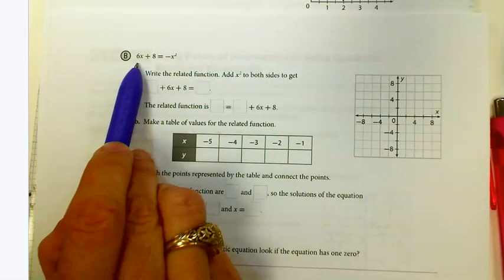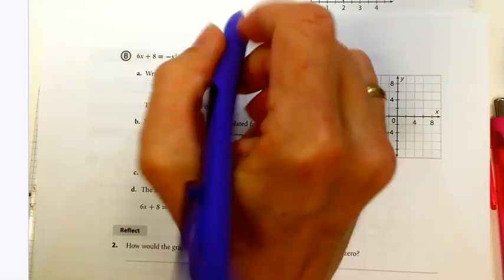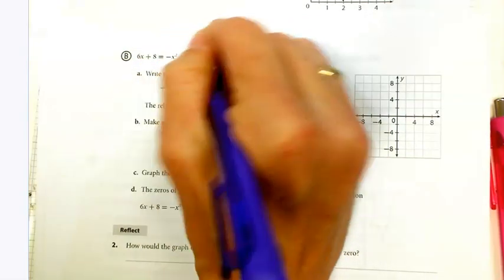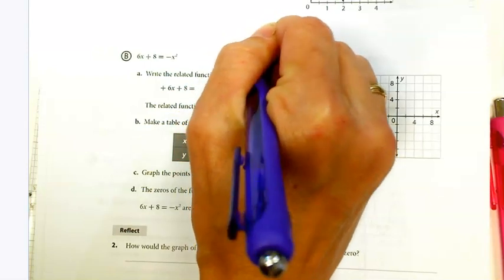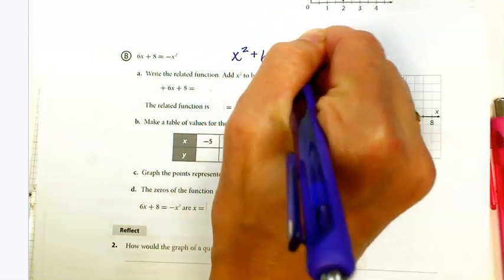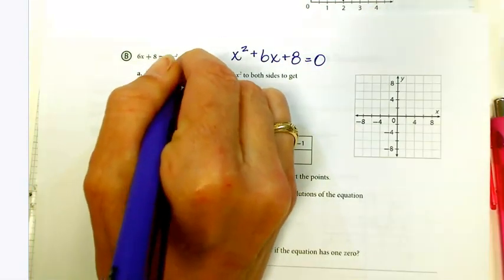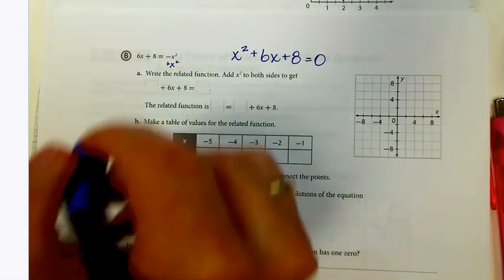All right, so first we're going to go ahead and set it equal to 0. First we'll move it over here. So plus x squared, that's going to give us x squared plus 6x plus 8 equals 0. Remember, what I'm doing is adding x squared to both sides.